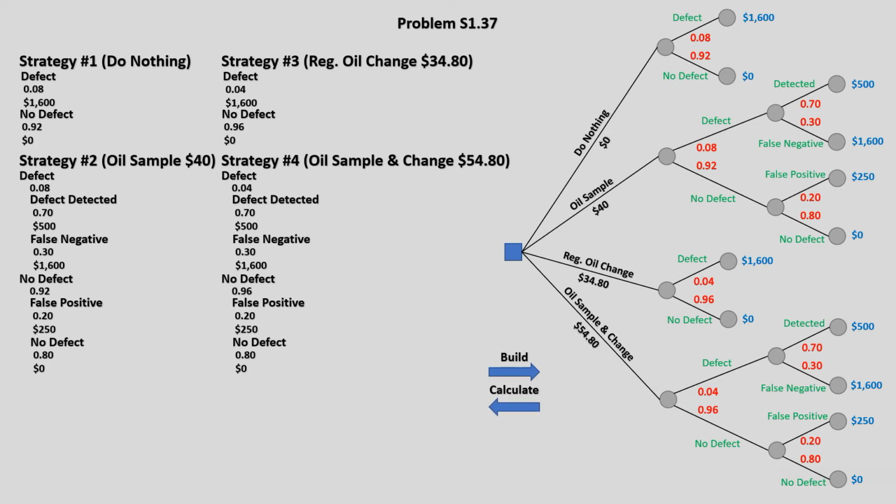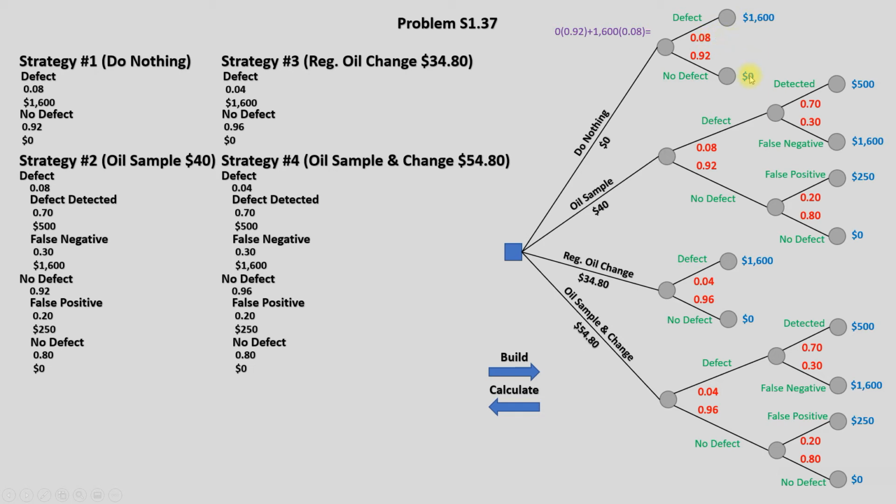So what's next? How do you make the decision? All right, let's look at this. What we're going to do is calculate backwards. So we're going to start on the right side of the tree and work our way back to the left. We're going to start off with strategy 1, and how you calculate the expected value for each branch is you take the value at the end of the branch and you multiply it times its probability.